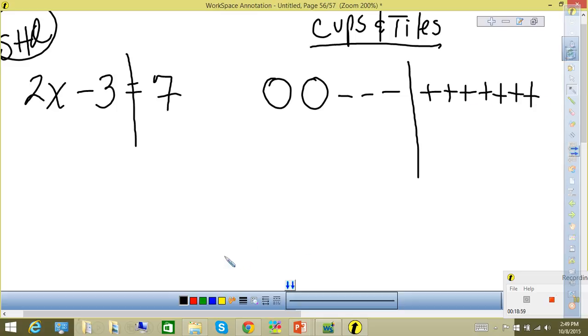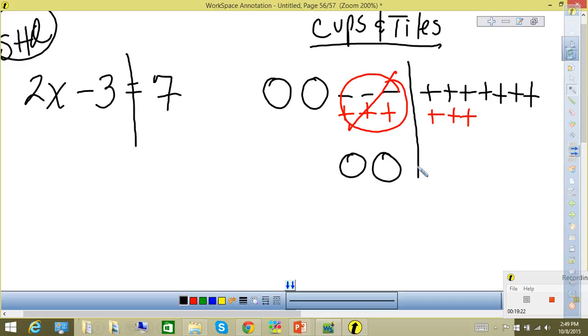Okay. So, how do we cancel this? By making them what? Zero pairs. So therefore I need to do what? Balance out. So 3 positives here and 3 positives here. So now this is a zero pair. So we're left with 2 cups, right?